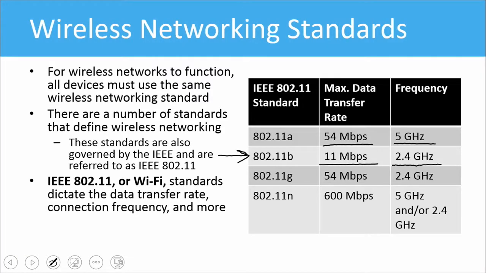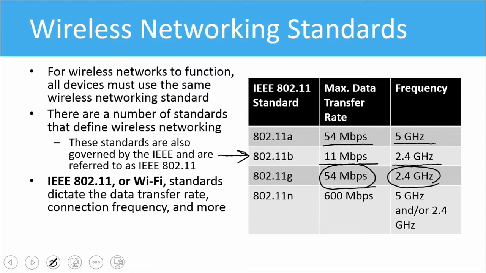And so I like to think of G as sort of being a child of A and B. So if we go back to the screen here, you'll see I always think of G as inheriting 54 megabits per second from A, whereas it inherits 2.4 from B. So while B is slow and low, A is fast and high, and so G is fast and low. And so if A and B were parents, right, they would pass along those traits to G.